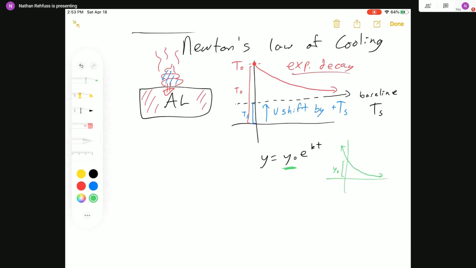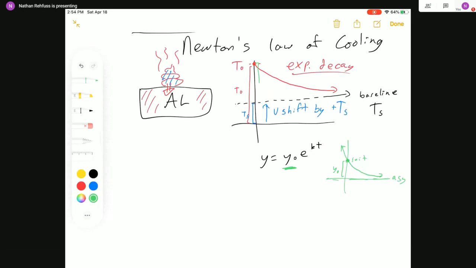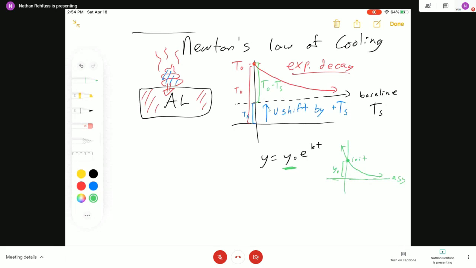It's how far your initial value is from your asymptote. So in this case, our y0 is going to be this distance right here. It's going to be T0 minus Ts, because that's how far above room temperature our initial temperature is. It'll make more sense once I do an example, I promise.